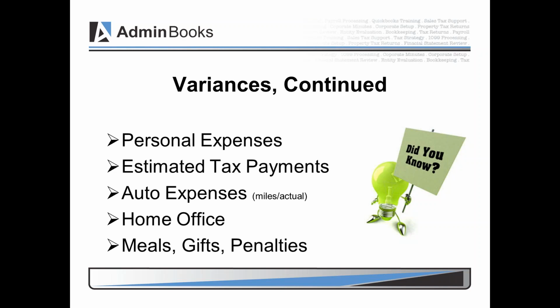Now, when you have auto expenses in your books, you can put them above the line. That's okay for all entities. But one thing you need to be aware of is the IRS allows you to take the higher of two numbers: either the actual cost that you spent for gas, repairs, insurance, or the IRS mileage rate multiplied by the number of business miles that you took.